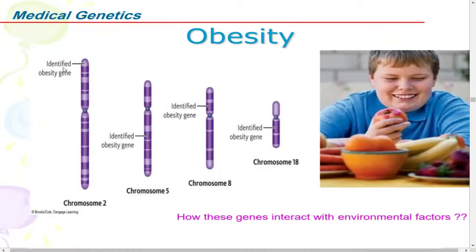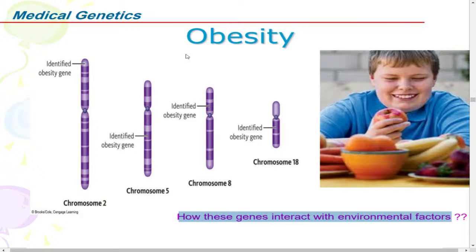Here we can see the identified obesity gene. We can identify it, causing obesity with genetic problems in chromosome 2. Unidentified obesity genes, here too, we can see on chromosome 5, chromosome 8, and chromosome 18. How do genes interact with environmental factors?